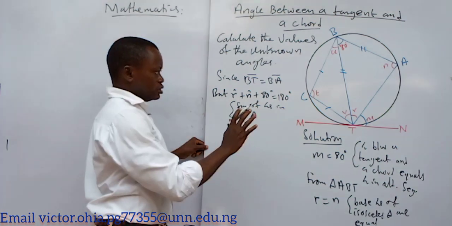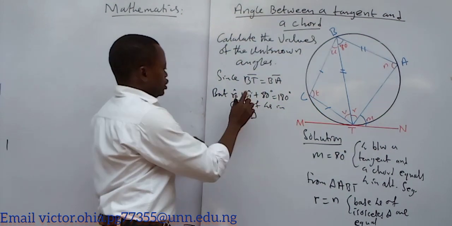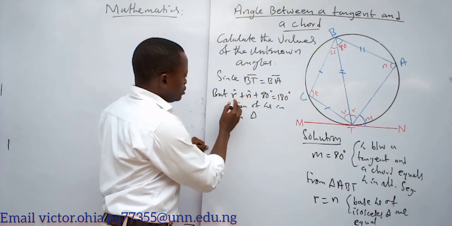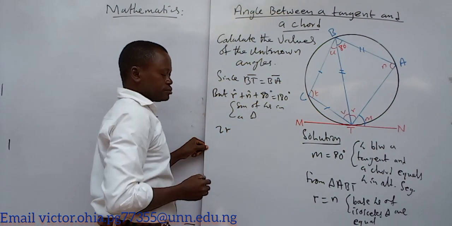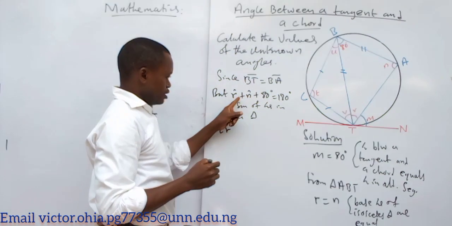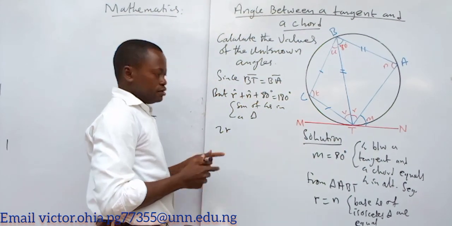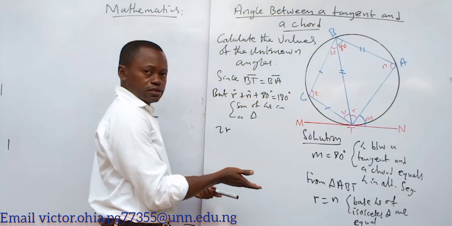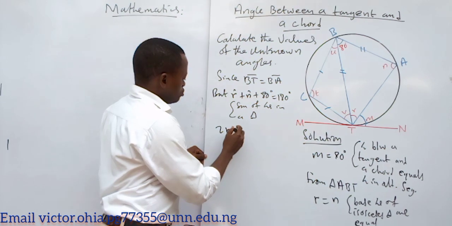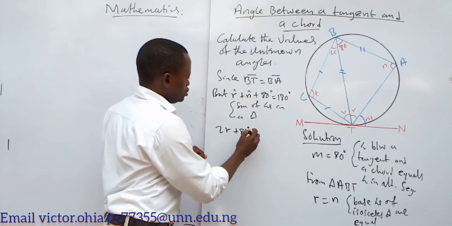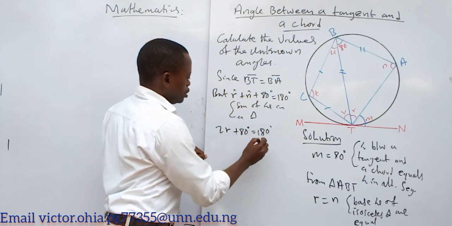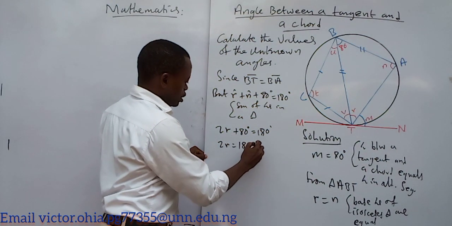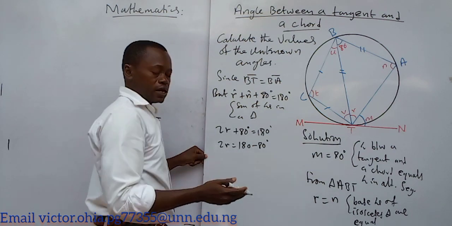So is it wrong if I write 2R, knowing fully well that R and N are the same thing? Like if this is 30 degrees, this will also be 30 degrees. So it's not wrong if I write 2 times 30. So 2R plus 80 degrees equals 180 degrees. It then means that 2R is equal to 180 minus 80 degrees if you collect the like terms.